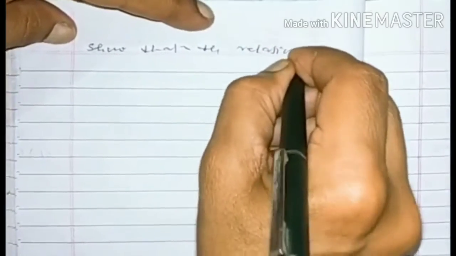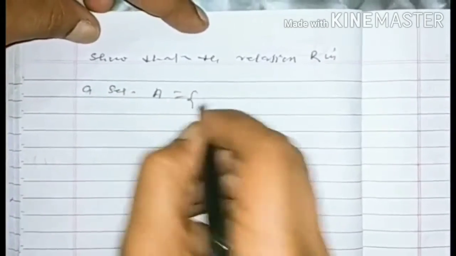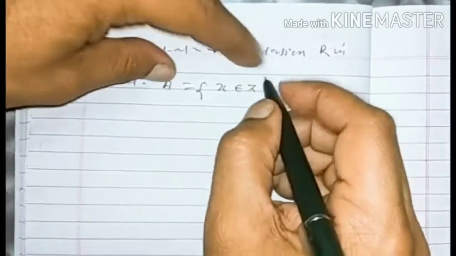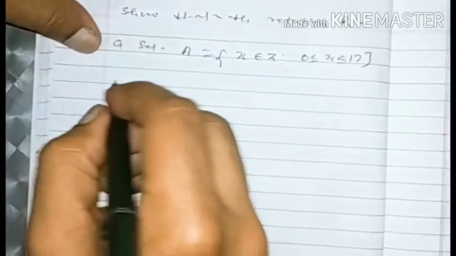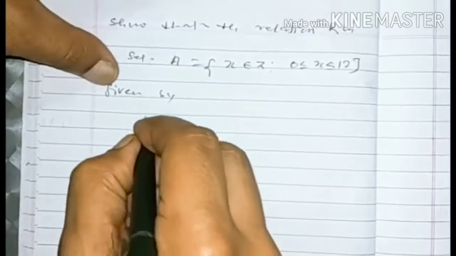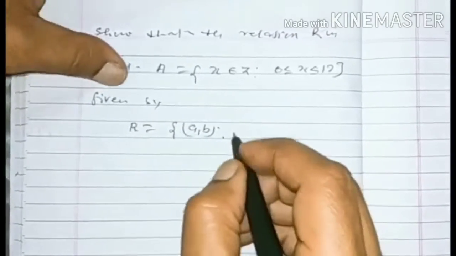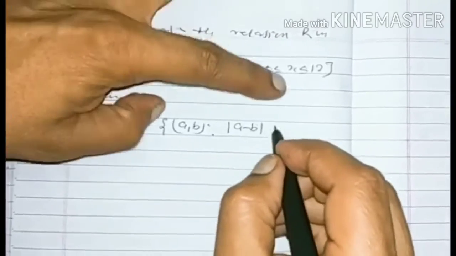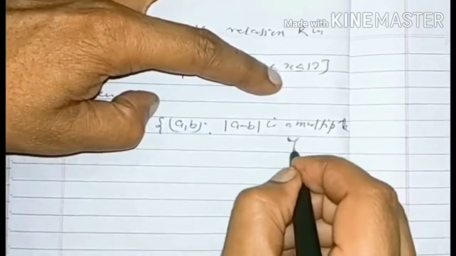Let us take one more problem. The relation R in a set A, such that x belongs to the set of integers, with 0 less than or equal to x less than or equal to 12, is given by R equal to the ordered pairs (A, B) such that the modulus of A minus B is a multiple of 4.